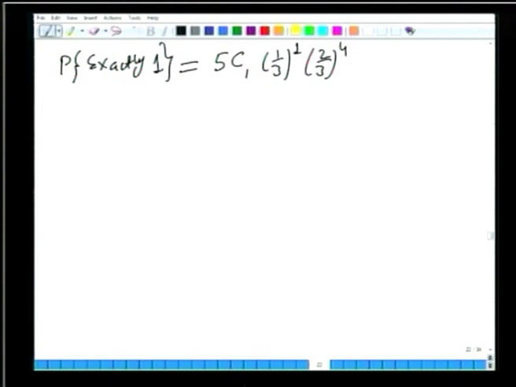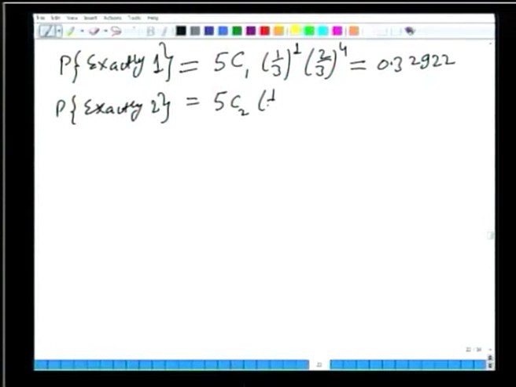Okay? You can simplify that, and that should come out 0.32922. Okay? And similarly, we can find out exactly twice is going to be equal to what? 5C2, 1 by 3 to the power 2 and 2 by 3 to the power what? 3. Okay? And that will be 0.32922.